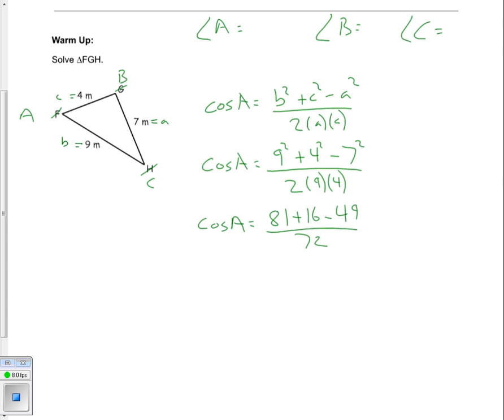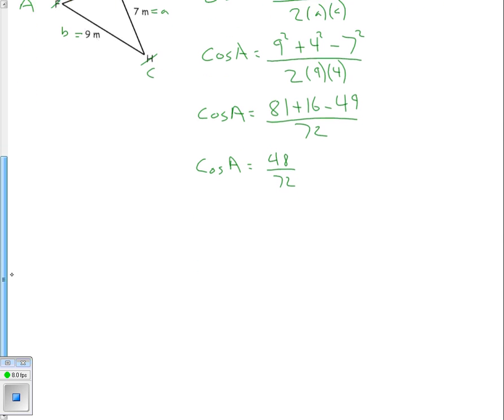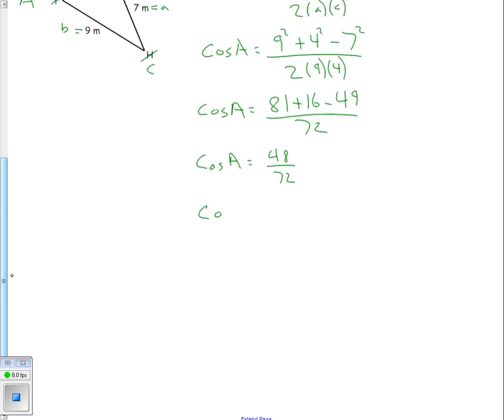Okay, and then we're going to simplify this even further. So cos A is equal to 81 plus 16 minus 49, that equals 48 over 72. So cos A is equal to 48 divided by 72, or 0.66 repeating.